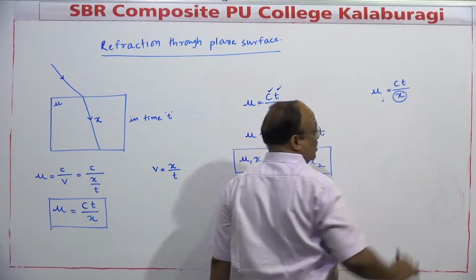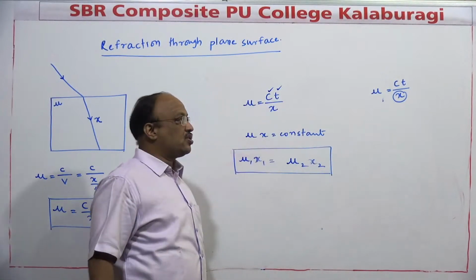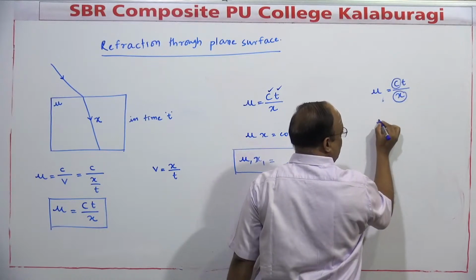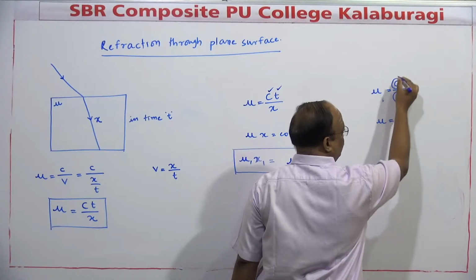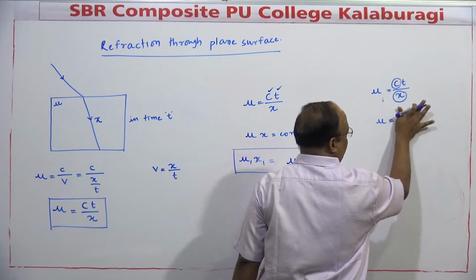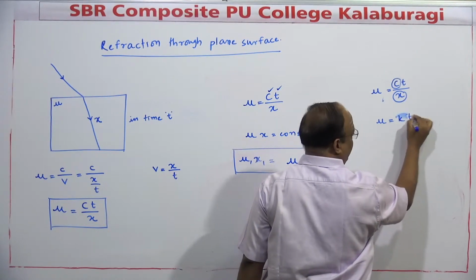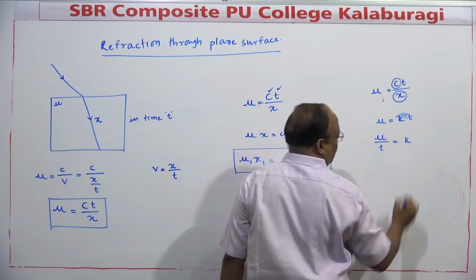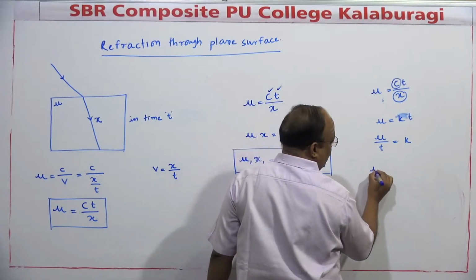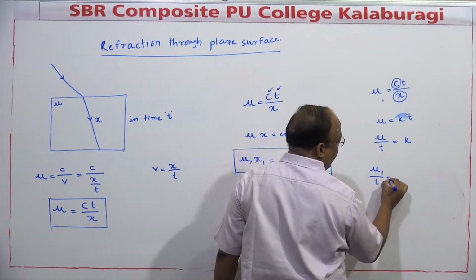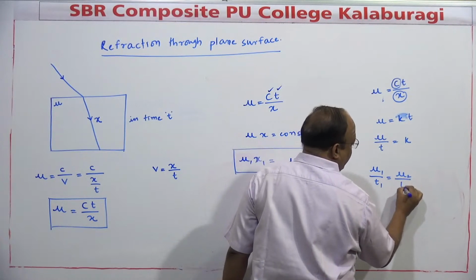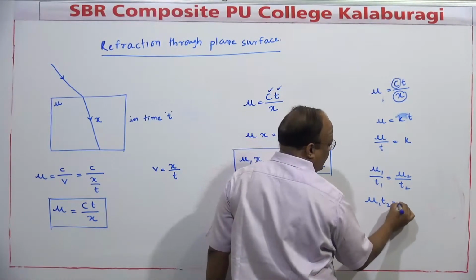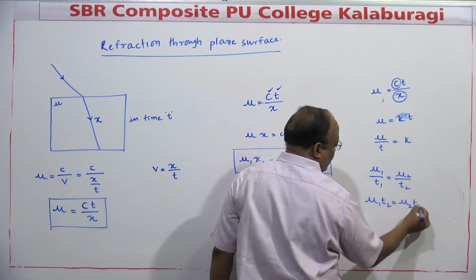The distance x is constant, and c is constant, so mu is some constant into t. In a sense, mu by t is constant. So mu1 by t1 is equal to mu2 by t2. We can write it as mu1 t2 is equal to mu2 t1.